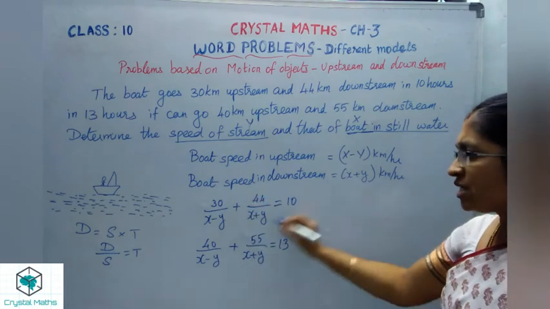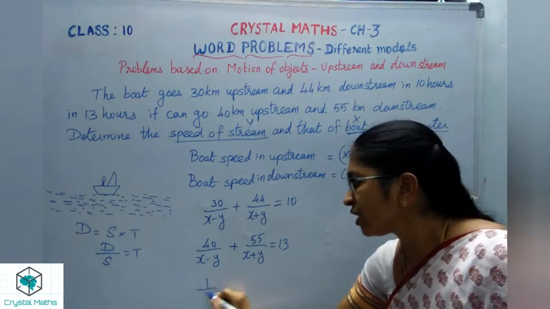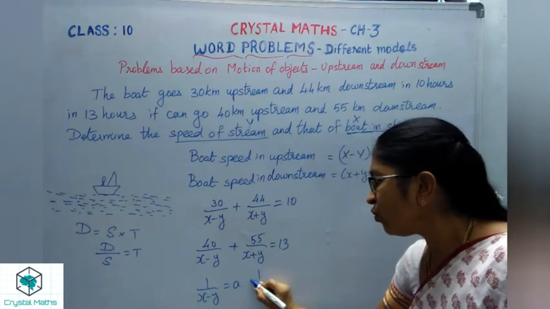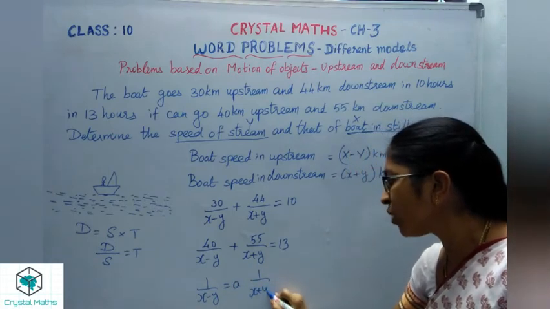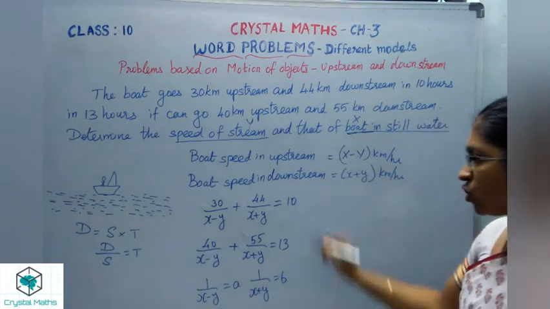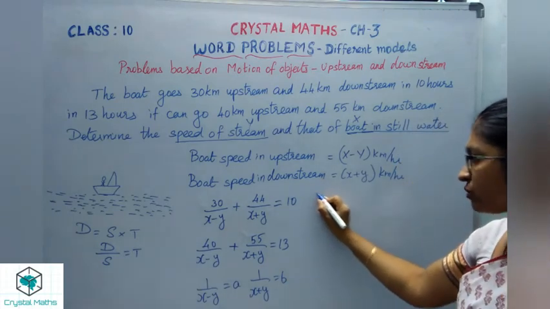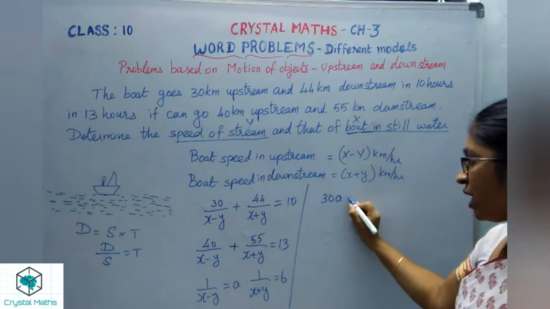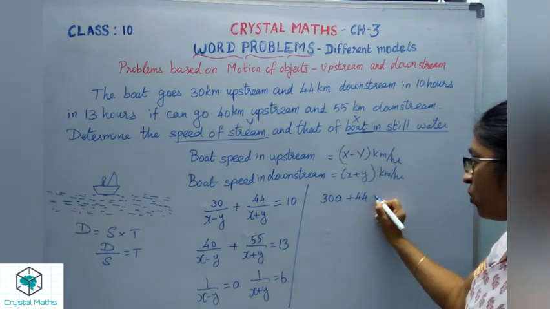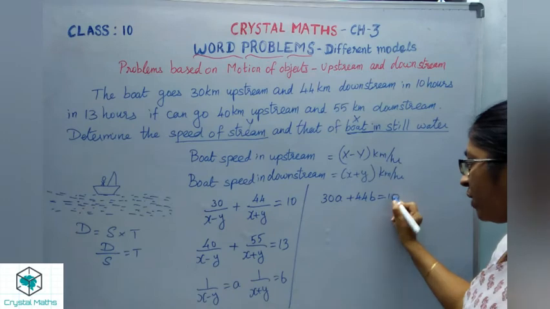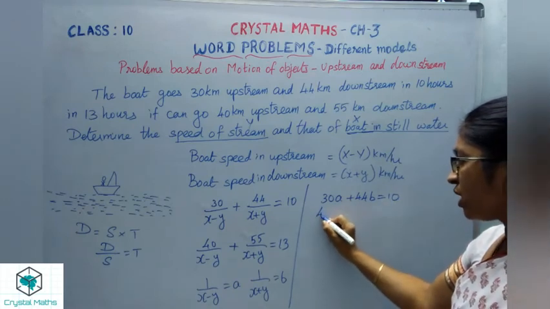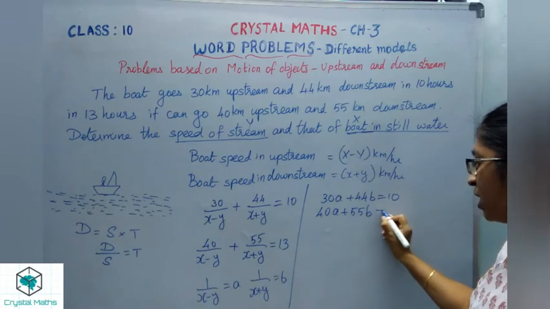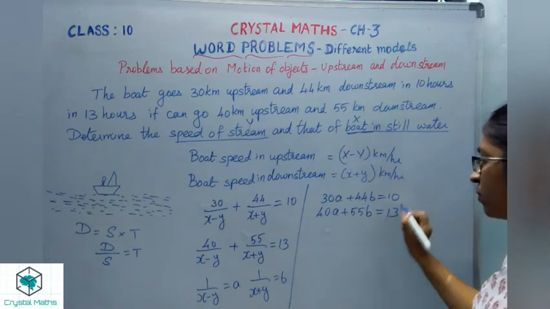That is, let us take 1 by x minus y as a and 1 by x plus y as b. So we will be getting the equations 30a plus 44b equal to 10, and then 40a plus 55b equal to 13.